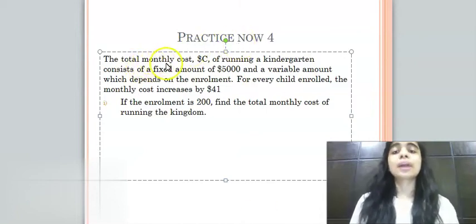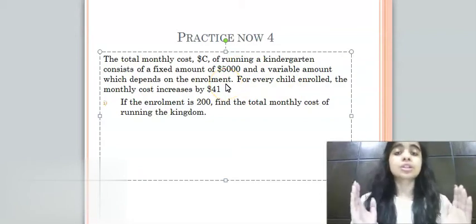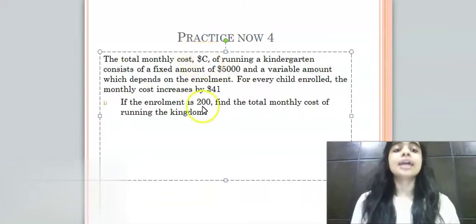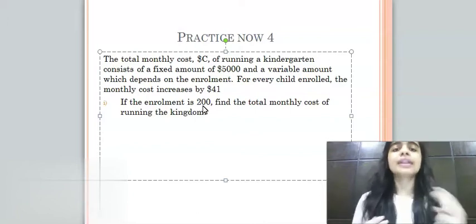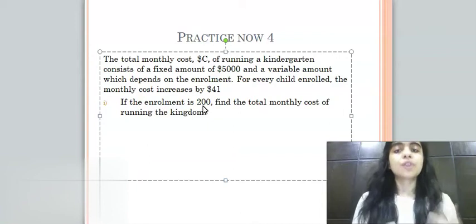The total monthly cost $C of running a kindergarten consists of a fixed amount of $5,000 and a variable amount which depends on the enrollment. So there are two amounts they are talking about, and your total amount, which is $C, consists of both these amounts. That means there is one fixed amount which you have to pay, and then there is one variable amount which actually depends on each child.